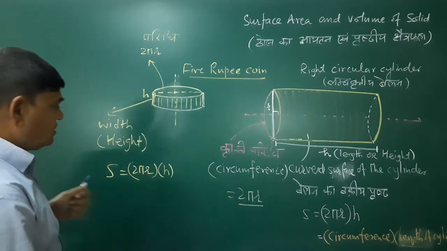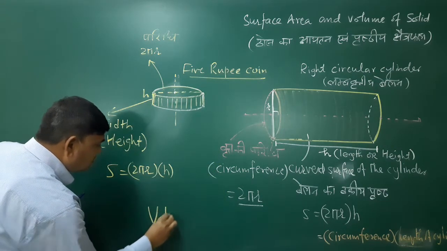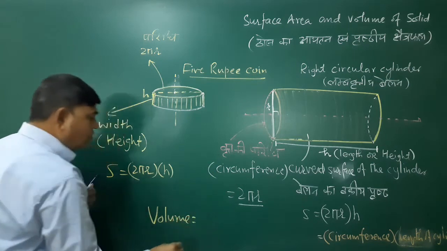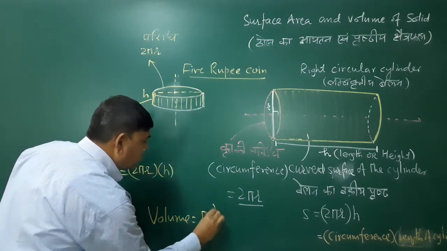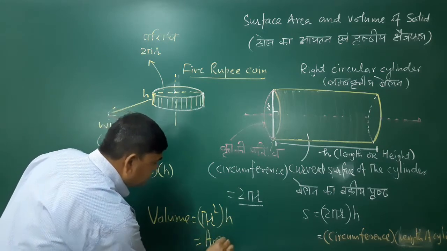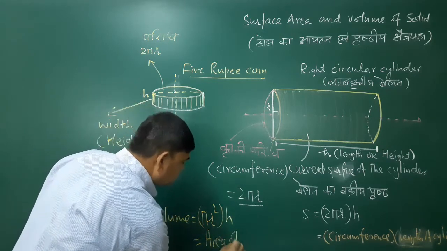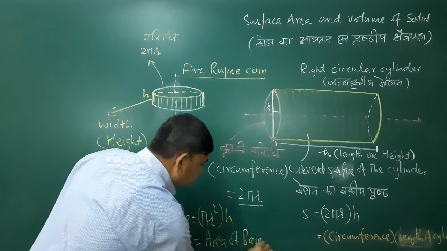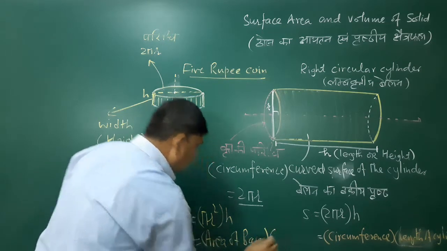And if we consider the volume, then the volume is pi r square into h, that means area of base into height.